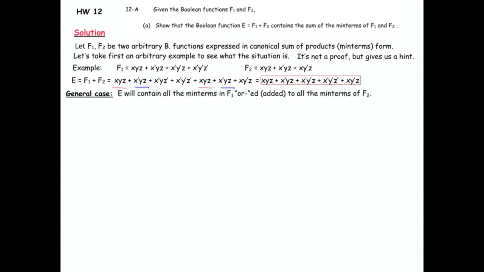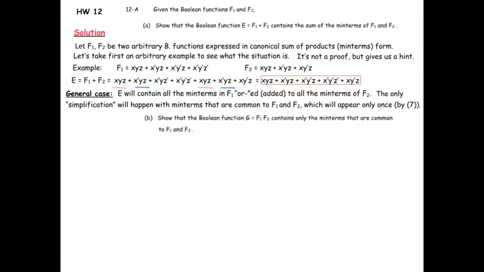And to generalize this, the E function will contain all minterms in F1, ORed, or added, or plus, all the minterms in F2, right? So that is what we did. And the only simplification that can happen with minterms, right?